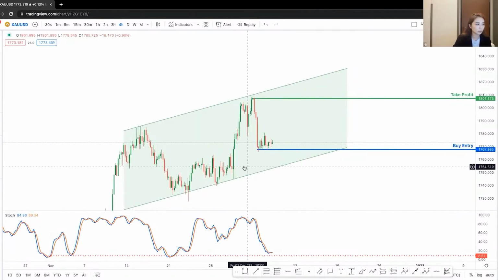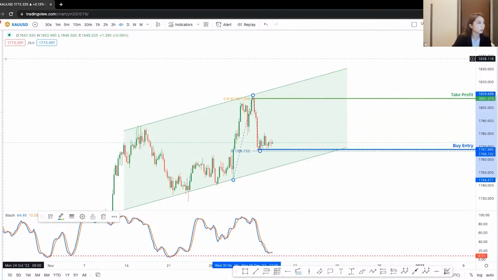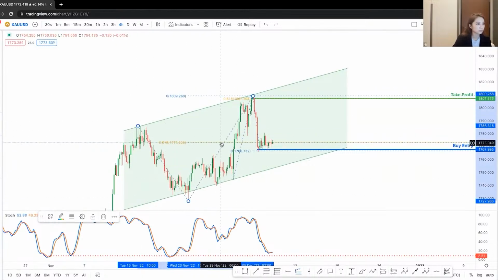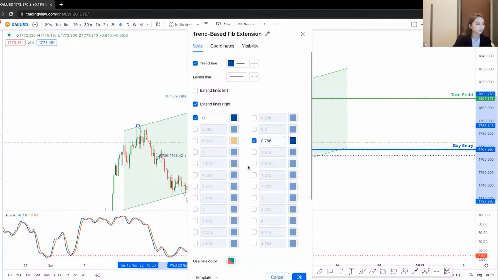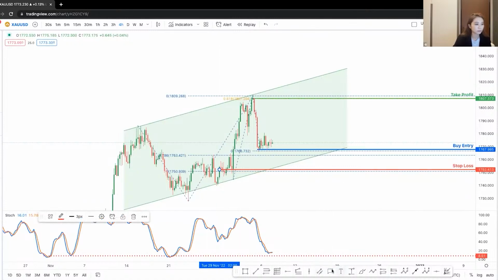And then this one, I would and could put according to Fibonacci projection for our stop loss. Our 78.6 Fibonacci projection is also nicely in line with our buy entry.